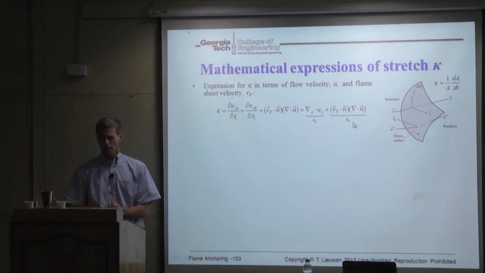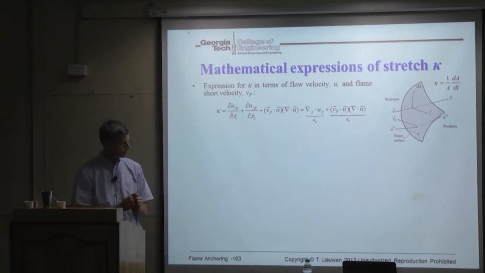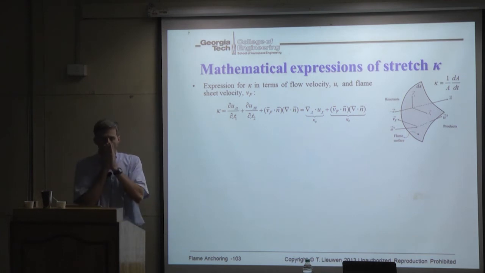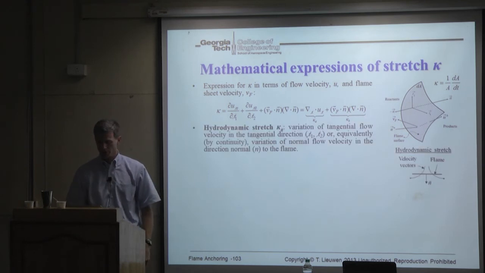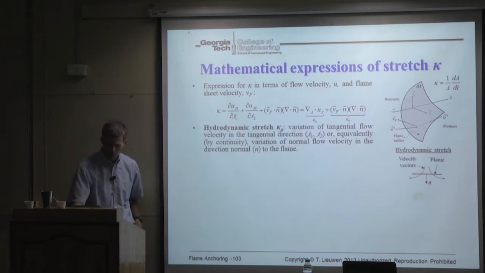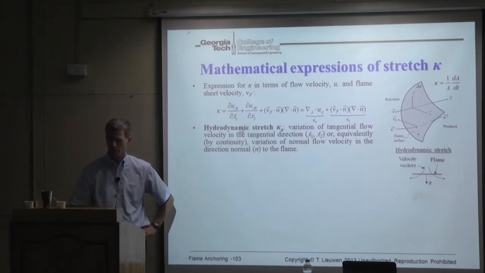One denotes if you have gradients in tangential velocity in the tangential direction, or if you have motion of a curved flame sheet in the directions normal to itself. So let's talk about both of those. I'm going to call kappa A hydrodynamic stretch. And it's the variation of tangential flow velocity in the tangential direction.